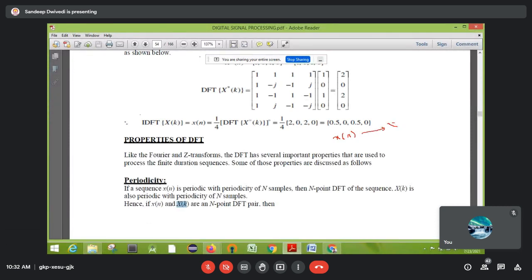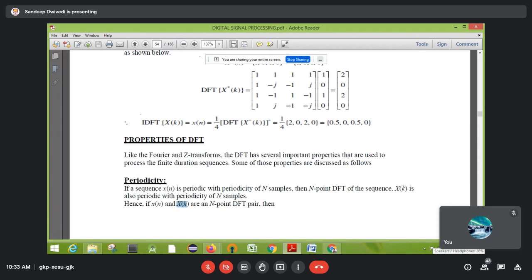And if you are taking the IDFT, then x of k will be the input sequence and the IDFT of that will be x of n, vice versa of the previous one. Here capital N indicates N-point DFT. This is the basic thing required for all the properties.